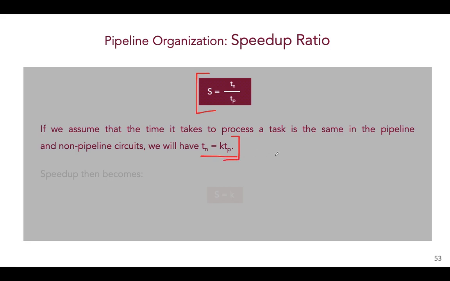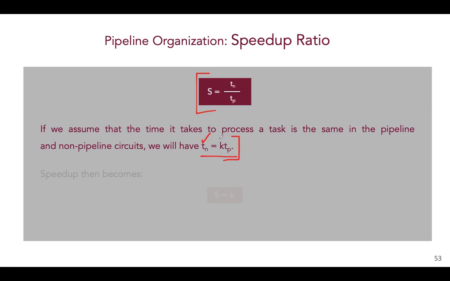If you want to pause, if you want to take a break, the point is, for all of the results that we are obtaining, it must be clear in your head how we're getting that. If we are saying that the time it takes to process a task is the same whether it's a pipeline system or a non-pipeline system, that means Tn, the time it takes in a non-pipeline system, will be k times Tp.